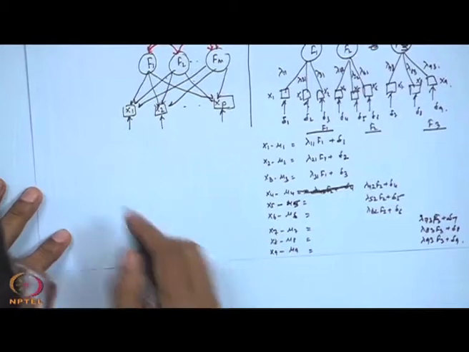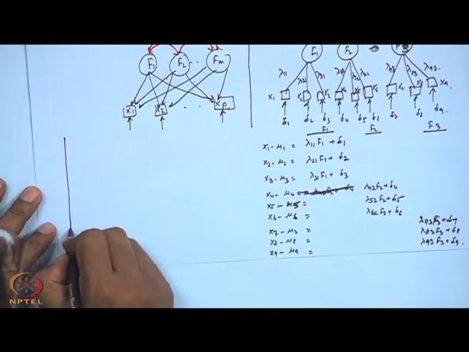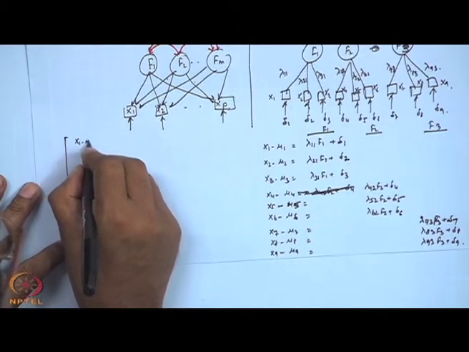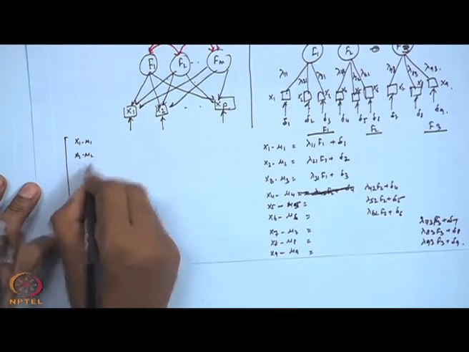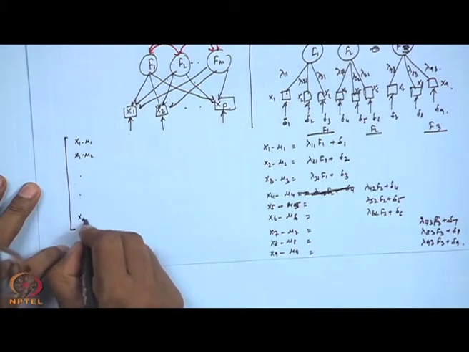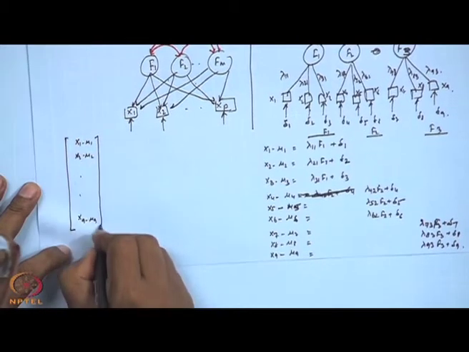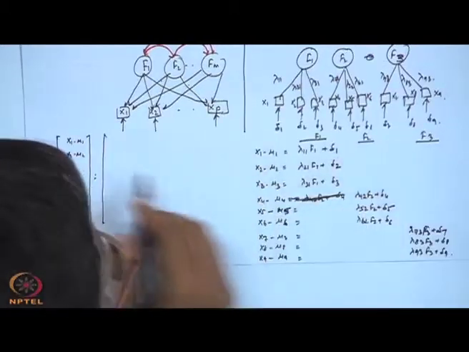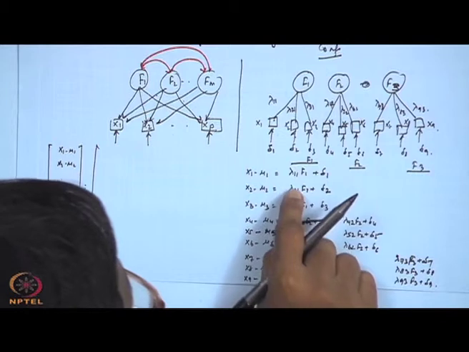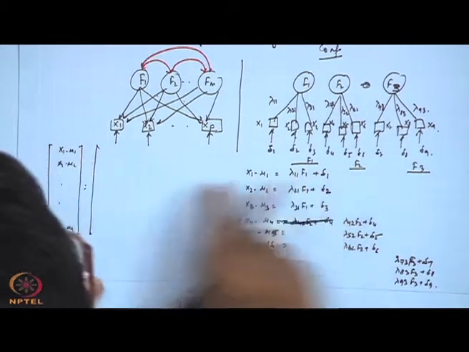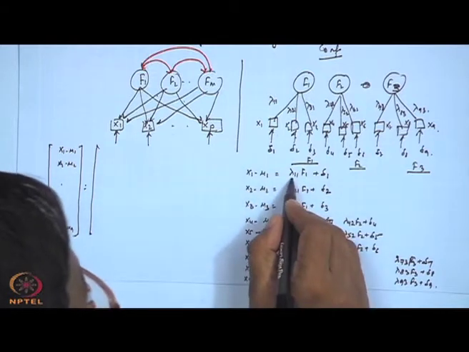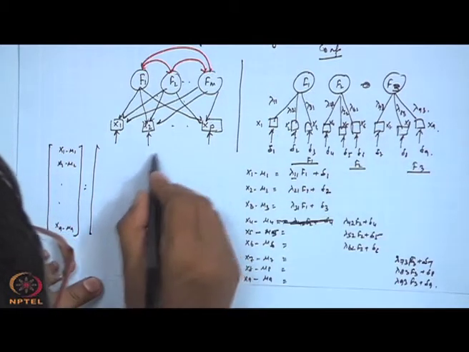If I see this in terms of matrix, you will get x1 minus mu 1, x2 minus mu 2, up to x9 minus mu 9 on this side. That structure is very interesting. For x1 minus mu 1 you get f1, so this is lambda with f1, f2, f3 there.